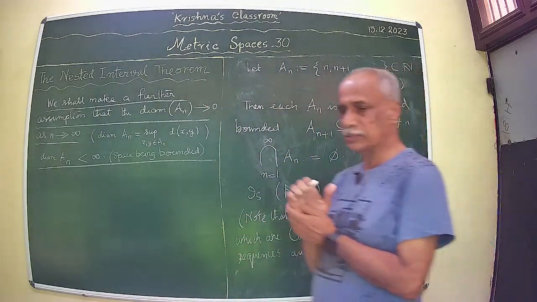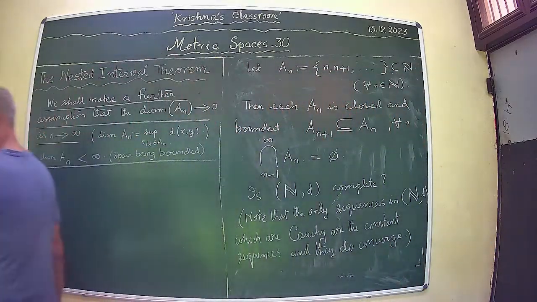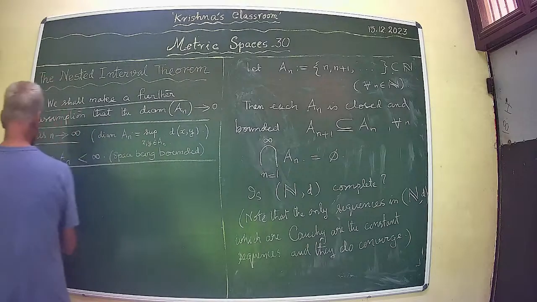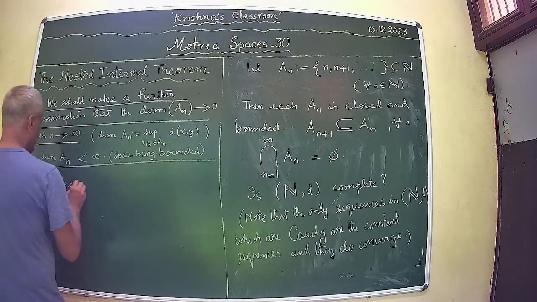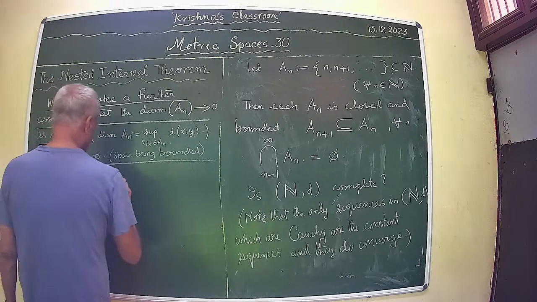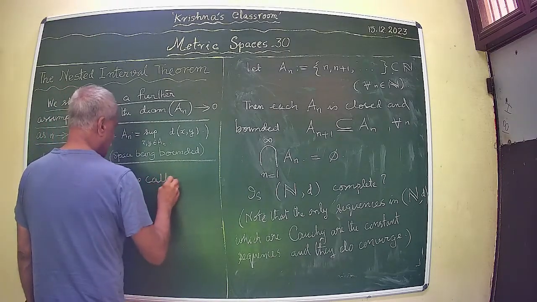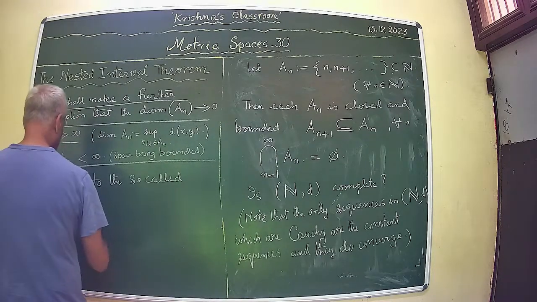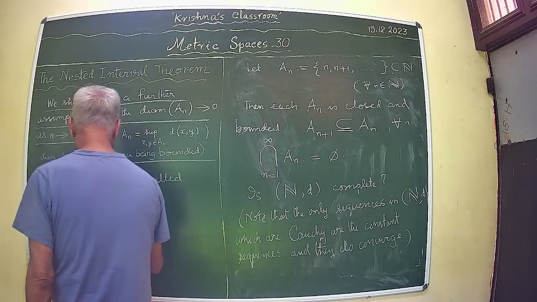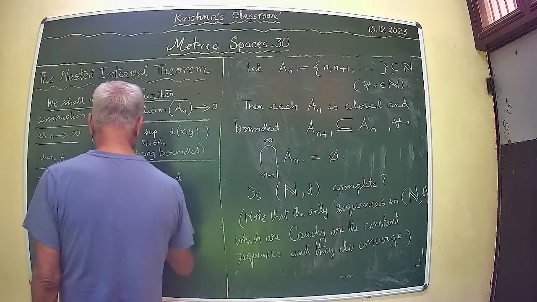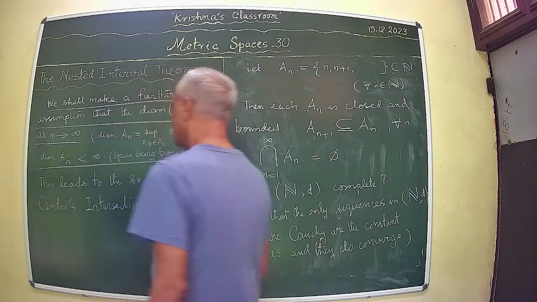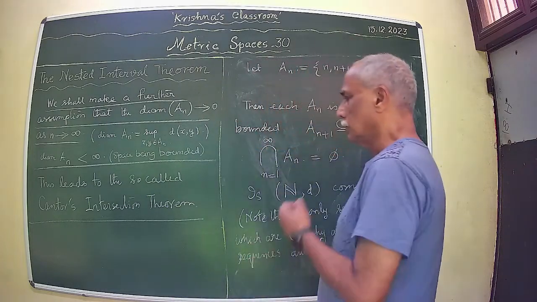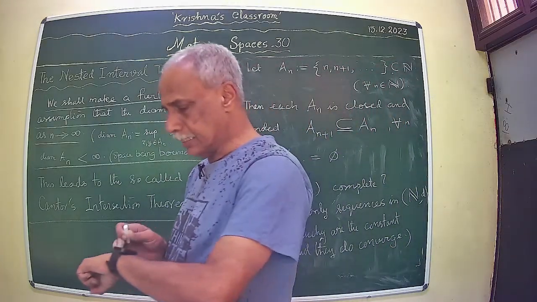Now this leads to what is called Cantor's intersection theorem. So let us make the statement of the theorem.